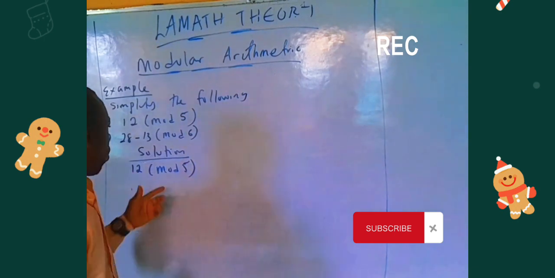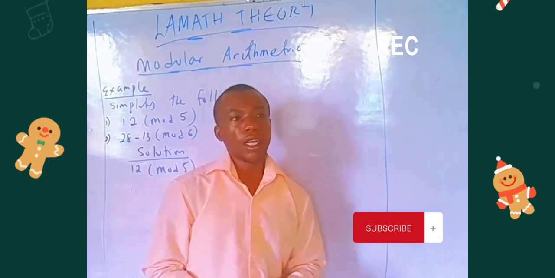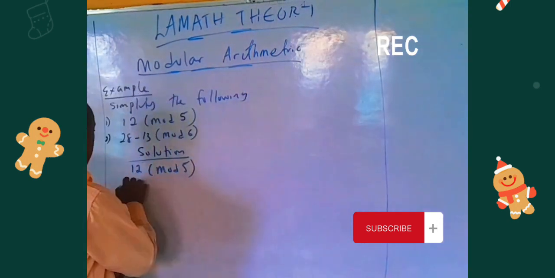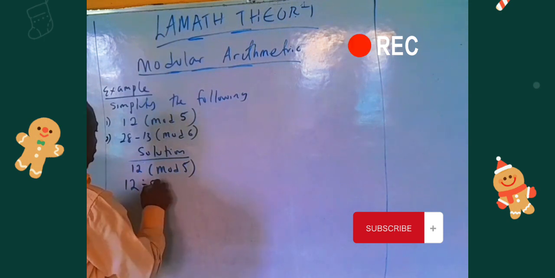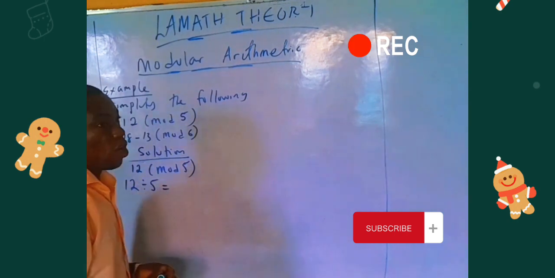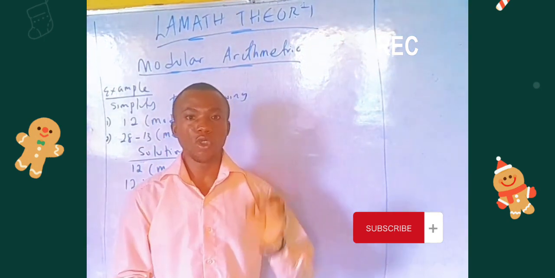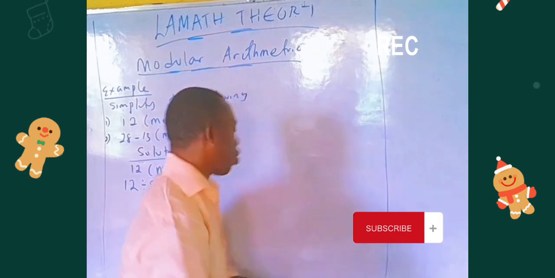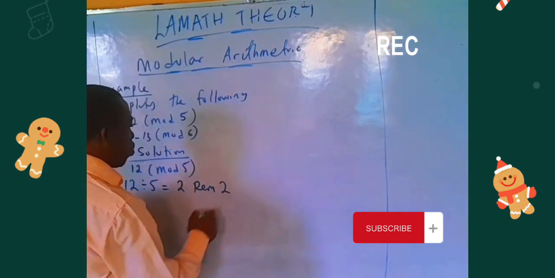Now we are going to focus on the modulus, which is 5. We have 12 divided by 5. We know that 12 divided by 5 is going to give us 2, with a remainder of 2. So I'm going to have 2 remainder 2.